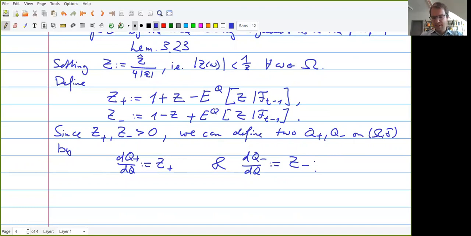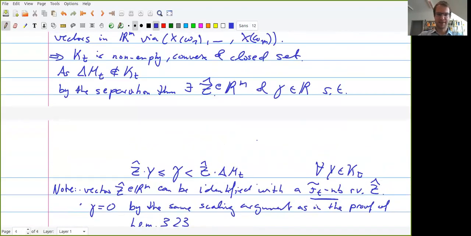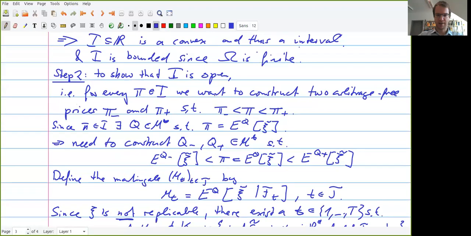So what we need to ensure now is that these measures Q plus and Q minus do the job. What do we want to ensure? Let's go up again to check what we want to have.